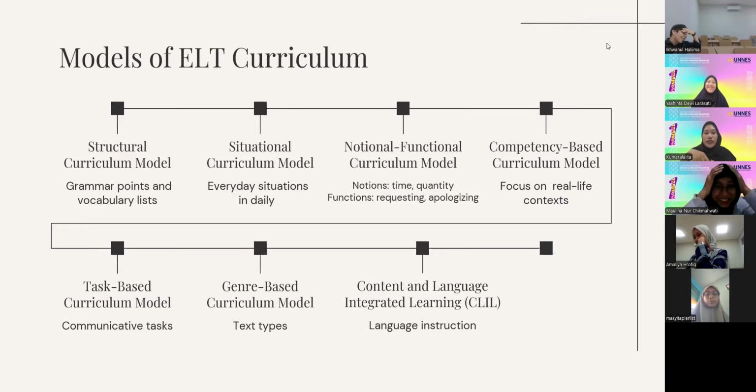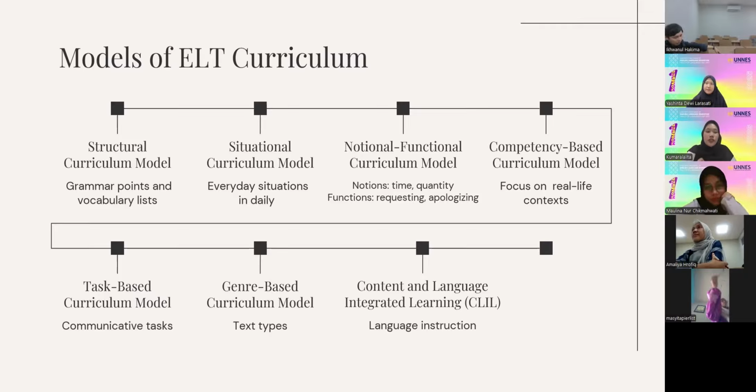Notion, time, quantity, function, requesting, apologizing. So in this model, the student is given the material about how to request something, how to apologize, how to ask something like that. And the competency-based curriculum model focuses on real life context.